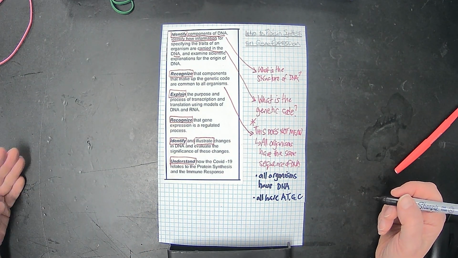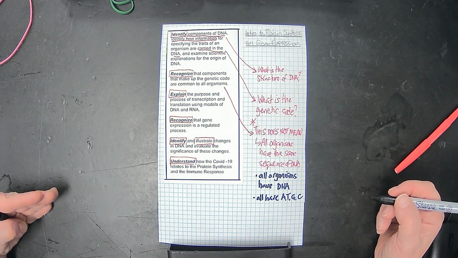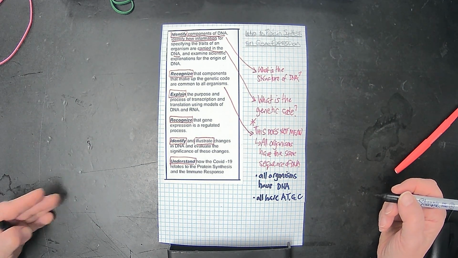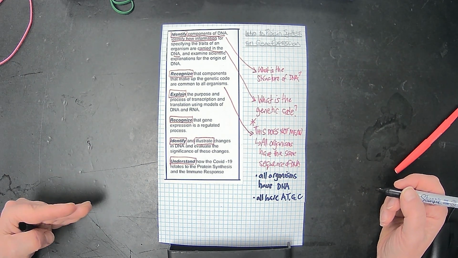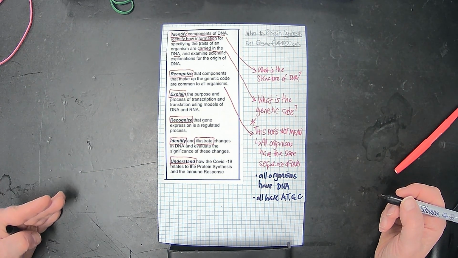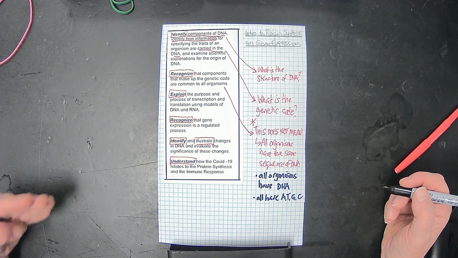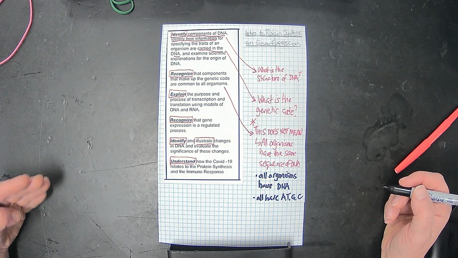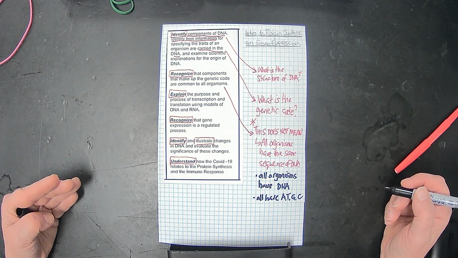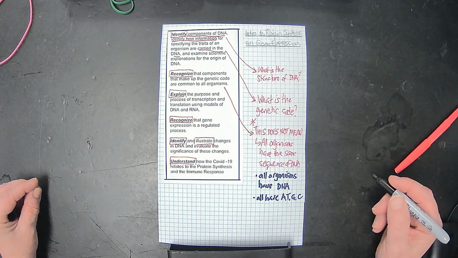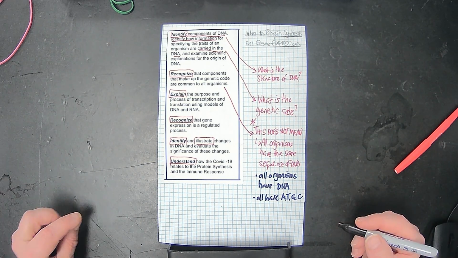The structure of our DNA, it doesn't matter whether you are a pine tree, whether you are a gerbil, or a snail, or you are a human. Your DNA in every organism has the same structure. DNA in every organism has the same nitrogen bases making up its code.